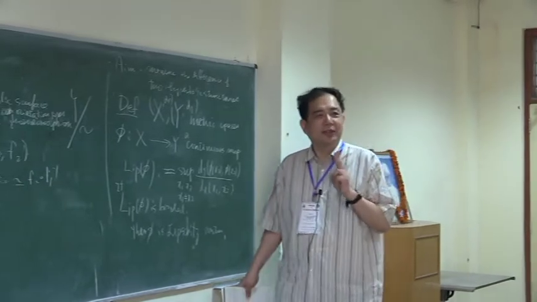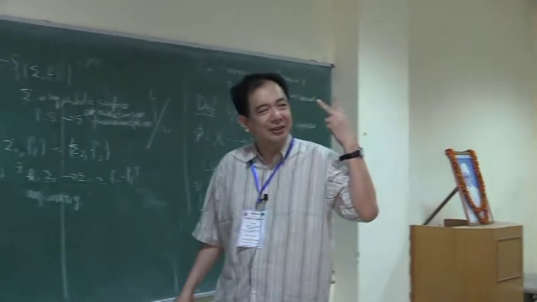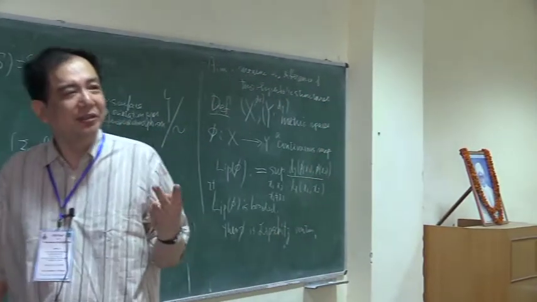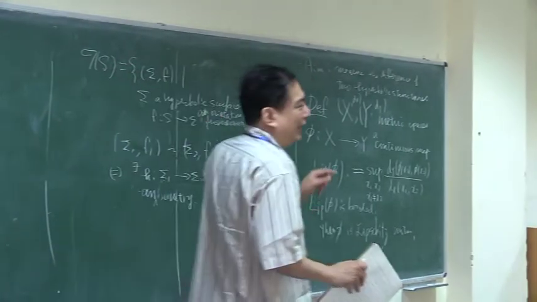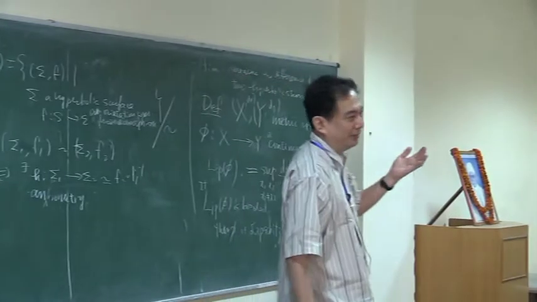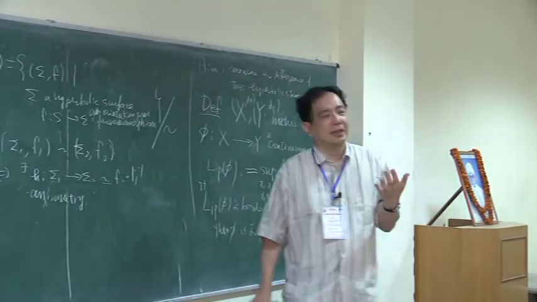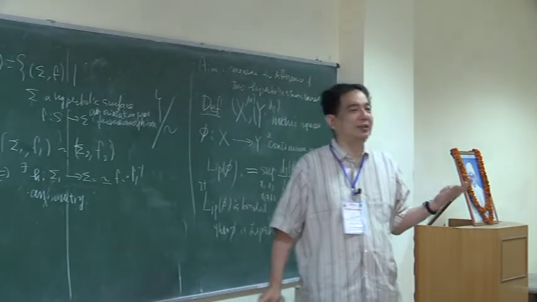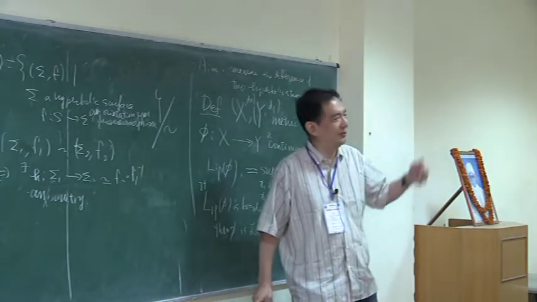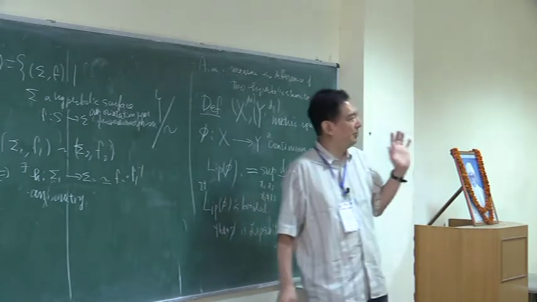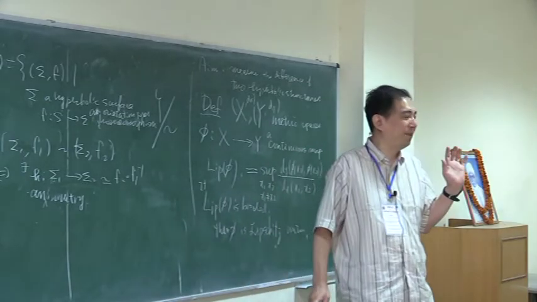The second is that if the value is 0, then the two points are the same. The third is symmetry. And the fourth is the triangle inequality. If the function satisfies these four conditions, then it's called a metric.